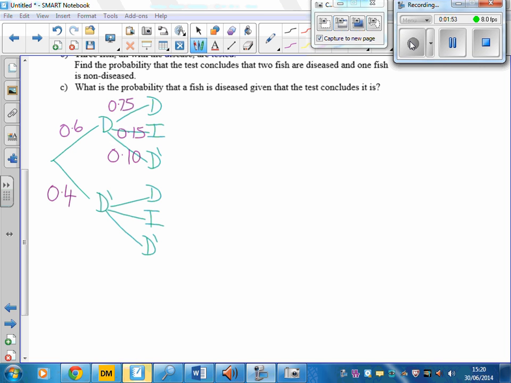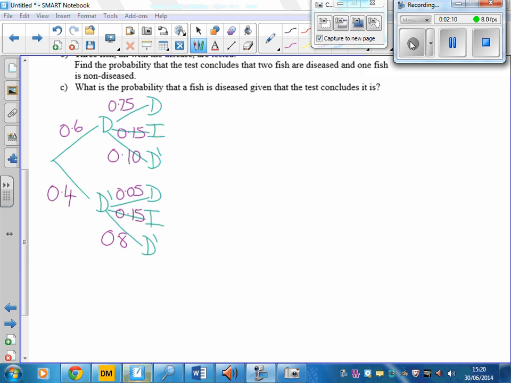If the fish was not diseased, the test would say it did have the disease 0.05, inconclusive 0.15, and not diseased 0.8.